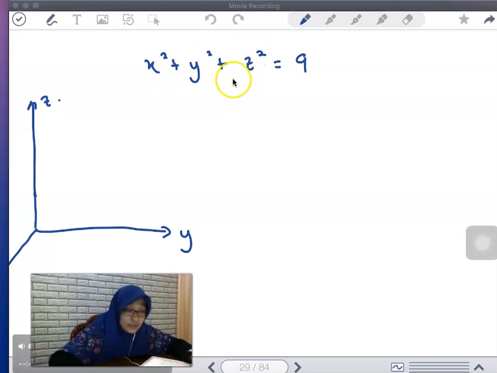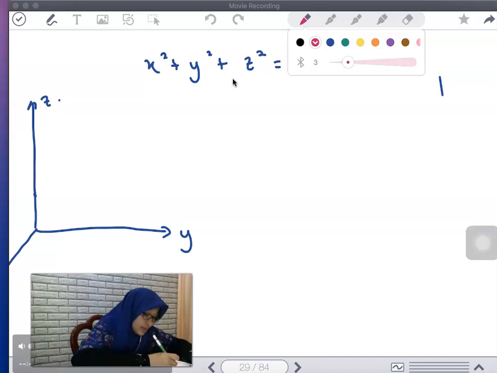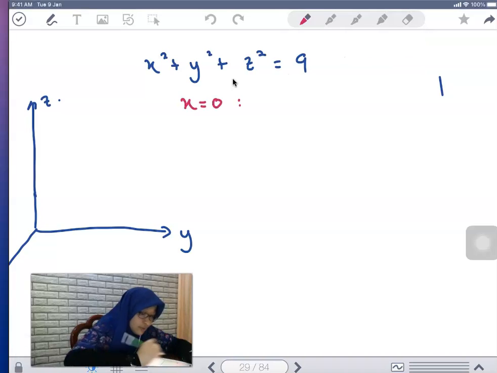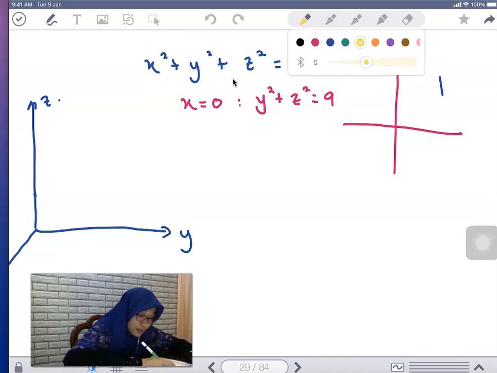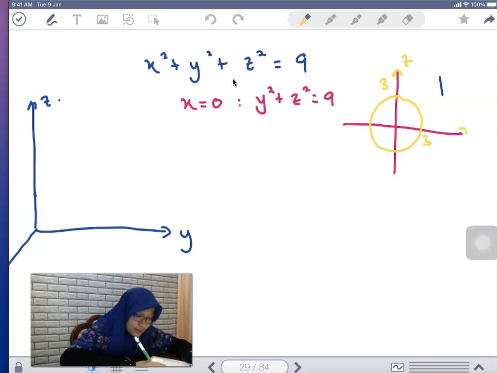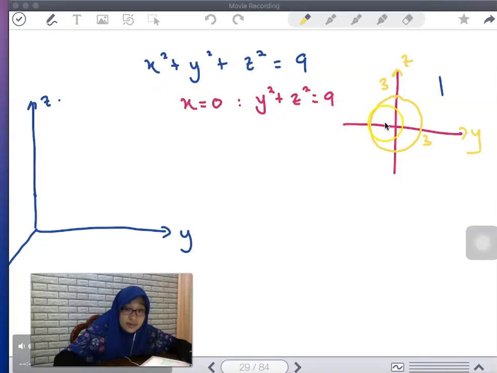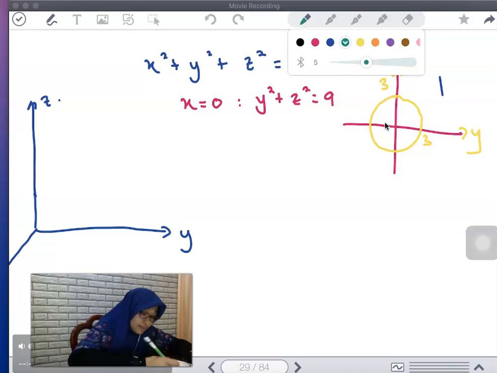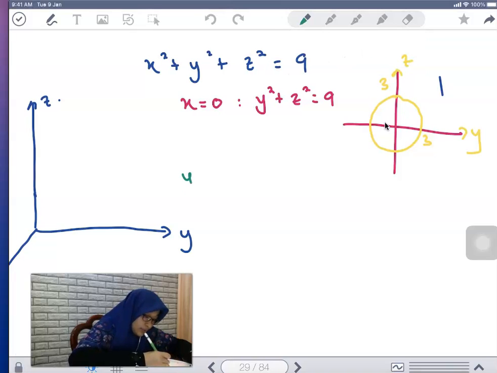Now you have to provide the traces, which means you set x equal to 0. It becomes y squared plus z squared equal to 9, so your graph is a circle with radius 3 on the zy plane, centered at the origin. Next, y equal to 0, so we have x squared plus z squared equal to 9.